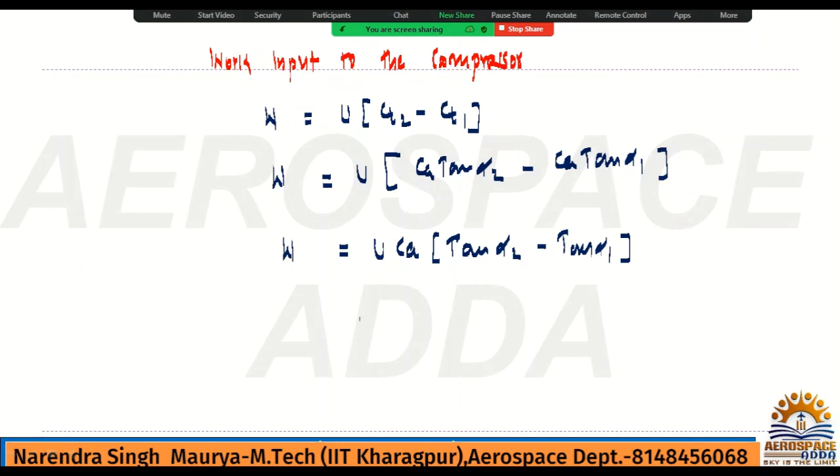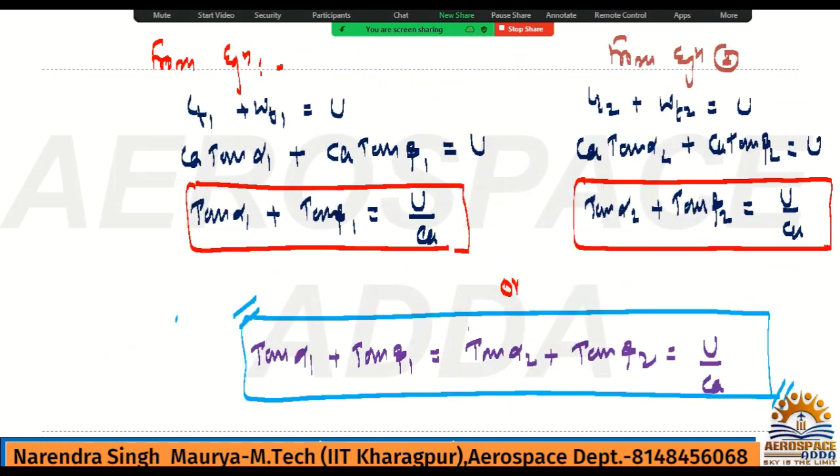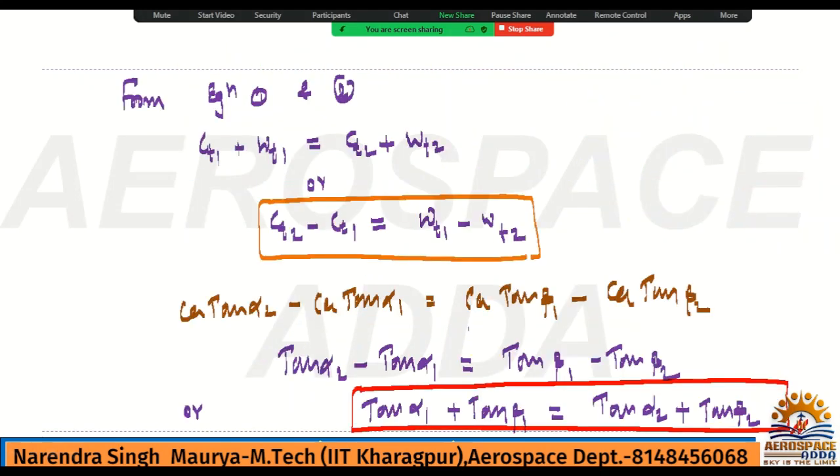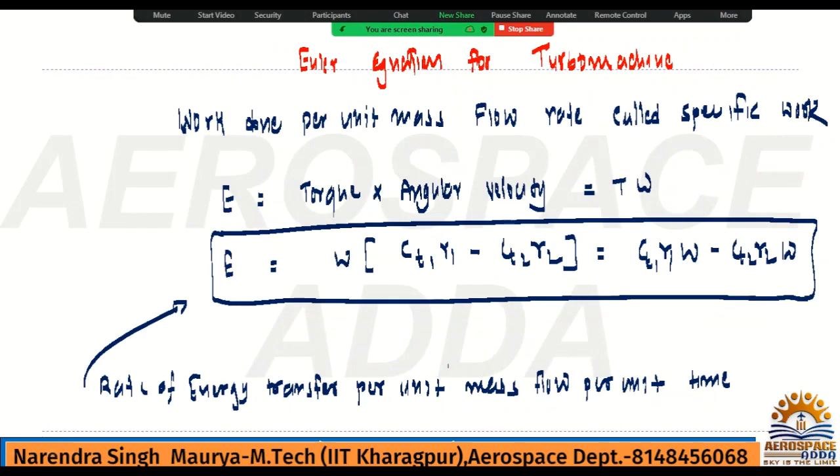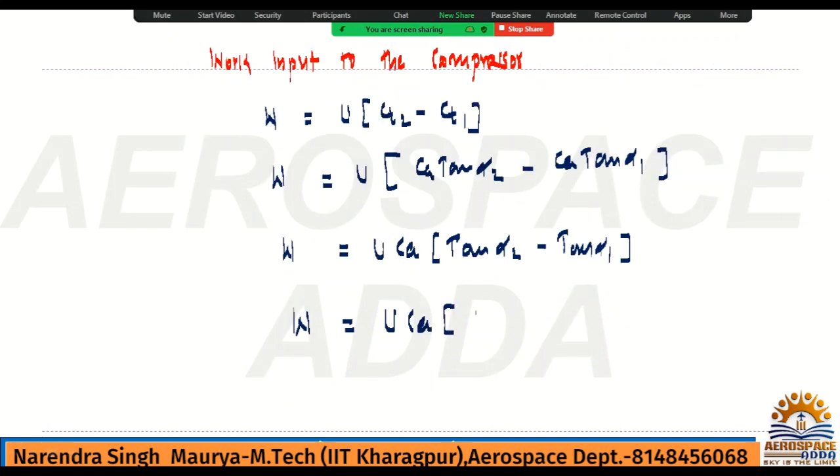Right. Now you know that W U CA into tan alpha 2 minus tan alpha 1, that relation you have written somewhere. Check what is tan alpha 2 minus tan alpha 1. This is tan beta 1 minus tan beta 2. So you can write this as tan beta 1 minus tan beta 2.